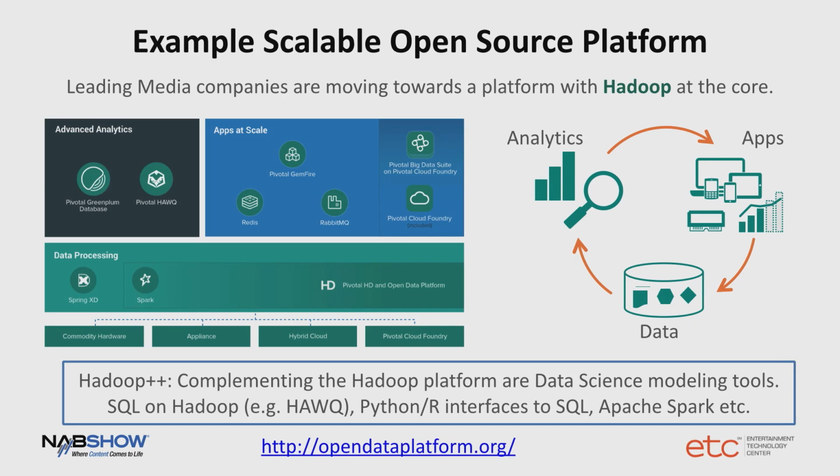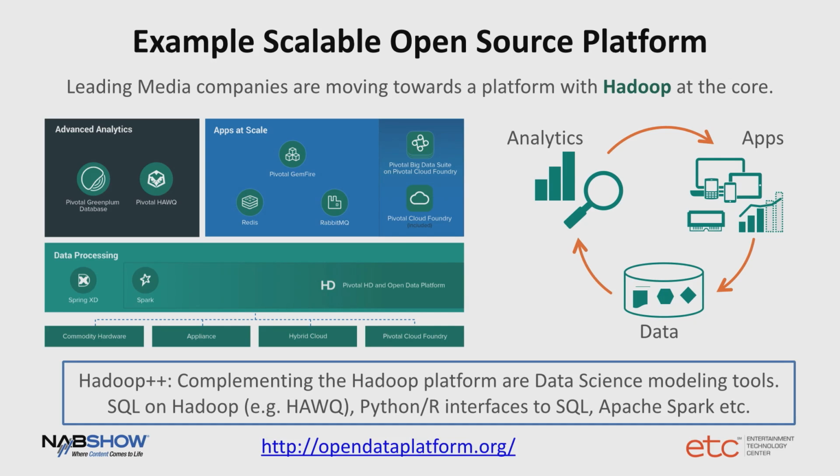So these are tools which work with Hadoop at the core, but which include things like a SQL engine on top of Hadoop. For example, you have Hive, which is like a SQL-ish engine on top of Hadoop. We recently announced the Open Data Platform, which is a collection of open source SQL on Hadoop tools, including HAWQ. So it's a fully compliant SQL engine.